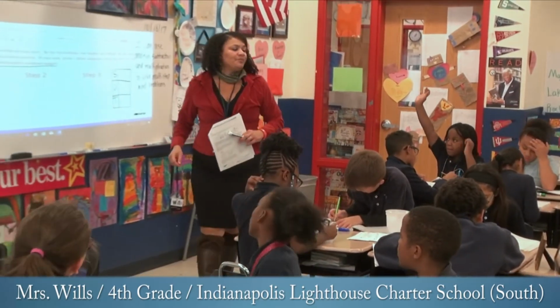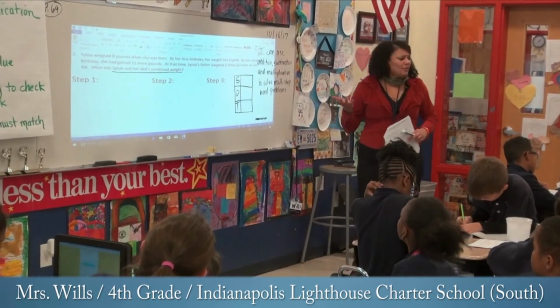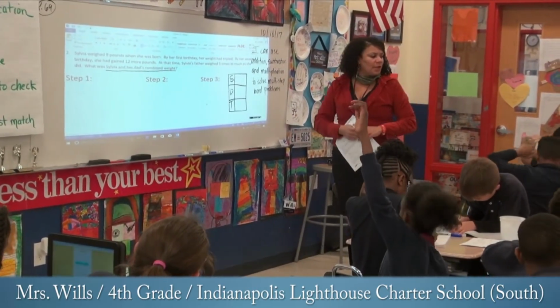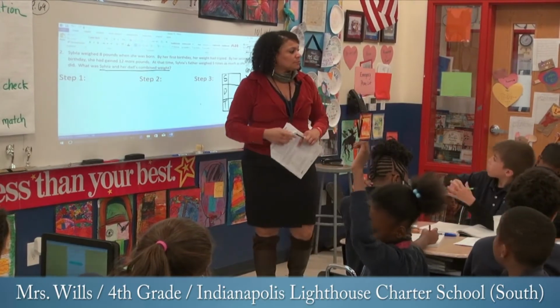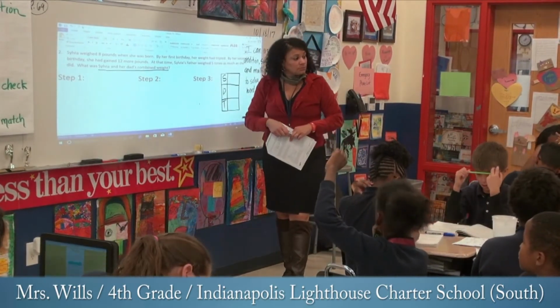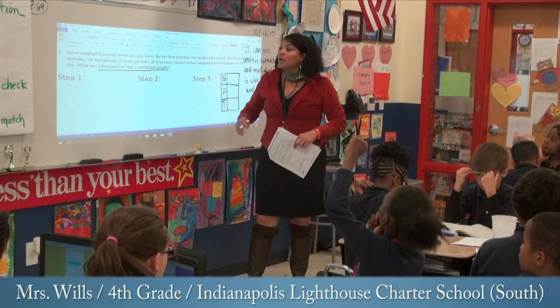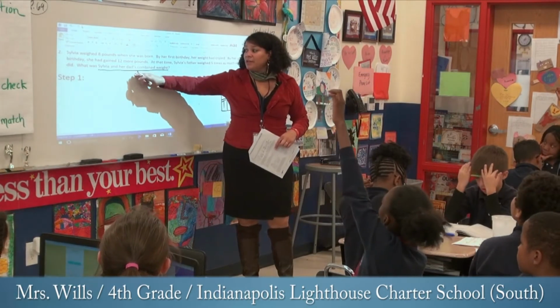Ready, set? You bet. All right. So tell me, Christopher, what information did you circle or underline? I underlined what was Sylvia and her dad's combined weight. Very good. We underline that. What is Sylvia and her dad's combined weight?